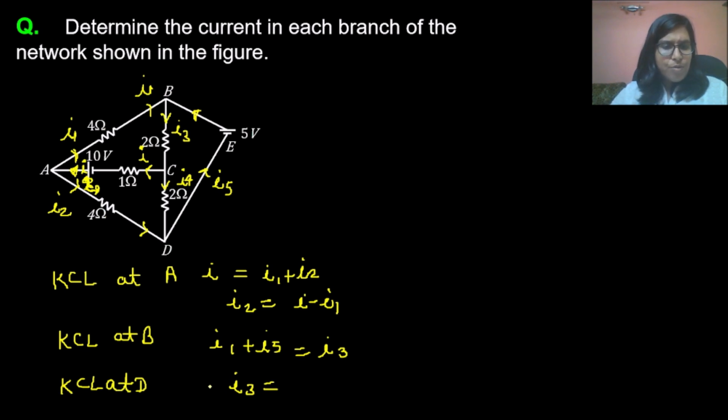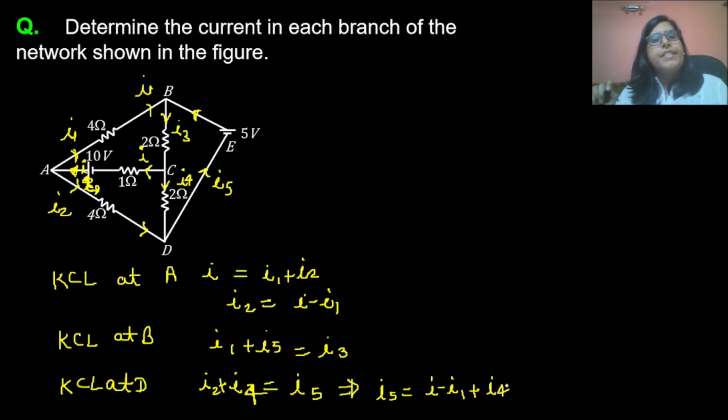So I2 plus I4 equals I5. Right? I2 we already calculated in terms of I and I1. So I5 will be I minus I1 plus I4.